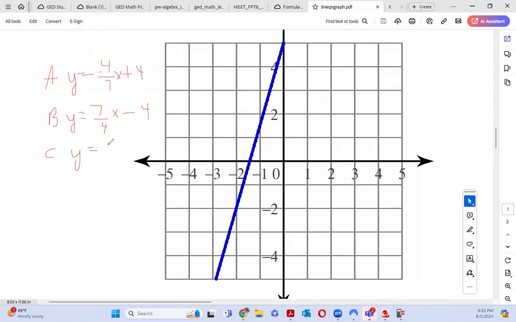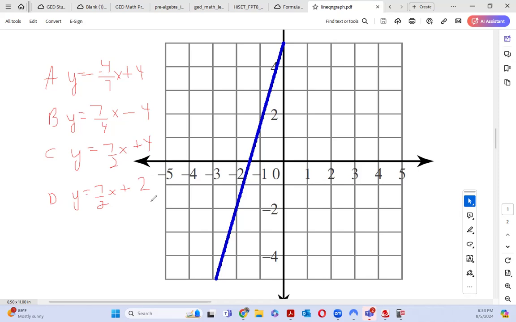C is y equals 7/2 x plus 4. D is y equals 7/2 x plus 2.